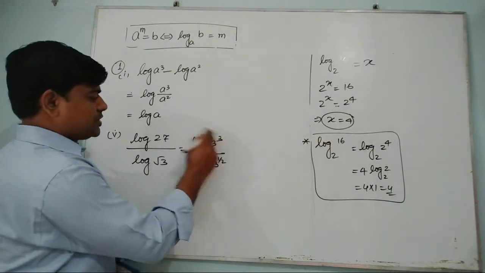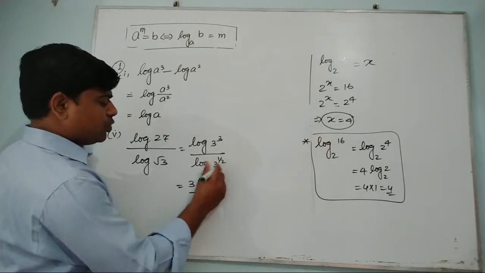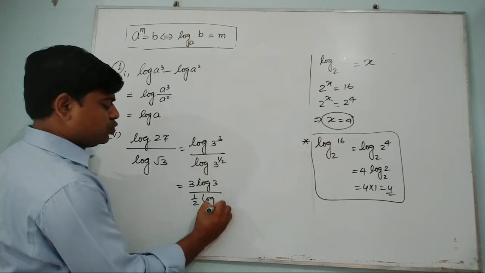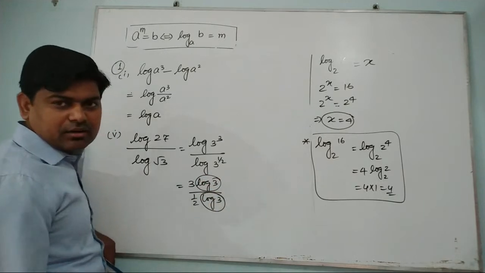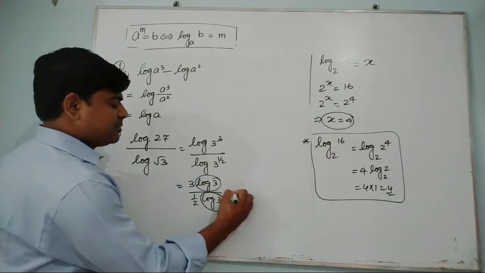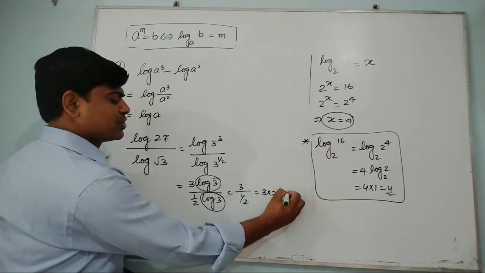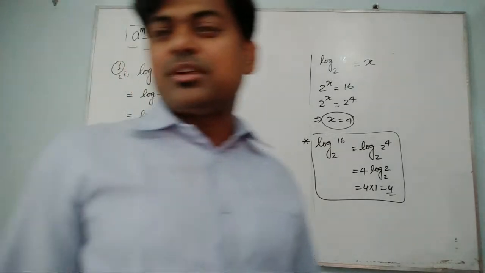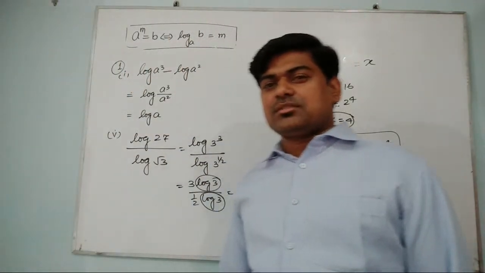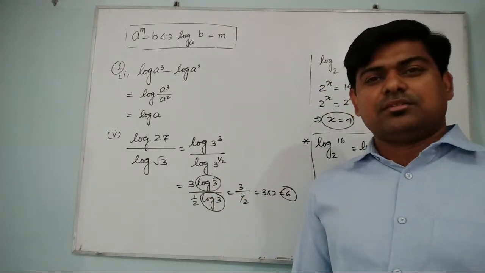Now 3 can come in front, so 3 log 3 whole upon 1 upon 2 log 3. These two can be eliminated, or not? And if eliminated, I have 3 upon 1 upon 2, that is equal to 3 into 2, which is 6. That will be the value. Is it so difficult? No. We only applied the formula that we had learned.